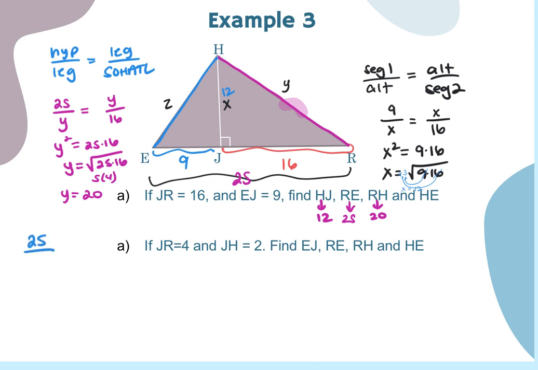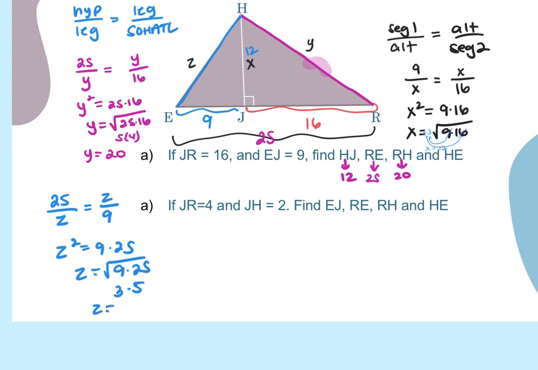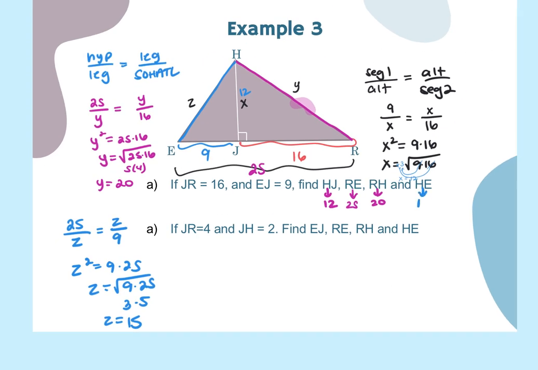The leg we're trying to find is z equals z over the segment of the hypotenuse adjacent to z, which is? Good. And I'd get z squared equals 9 times 25. Z would equal the square root of 9 times 25. 3 times 5, which is, well, the square root of 225, which would be 15. Yep.